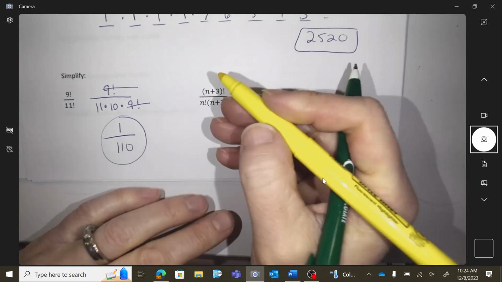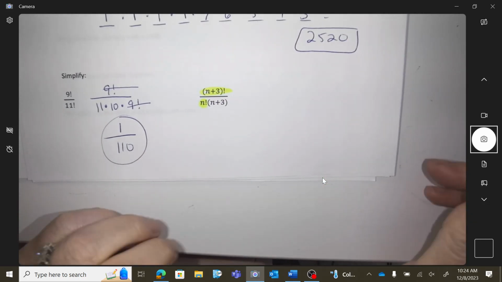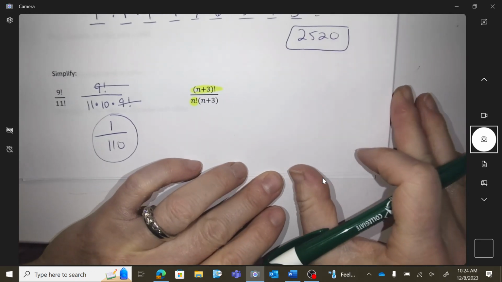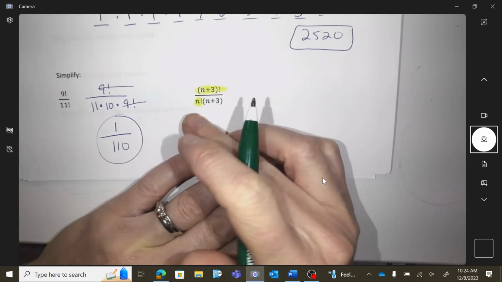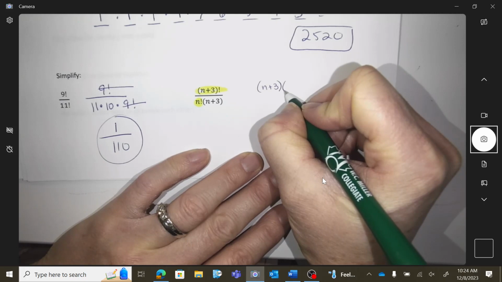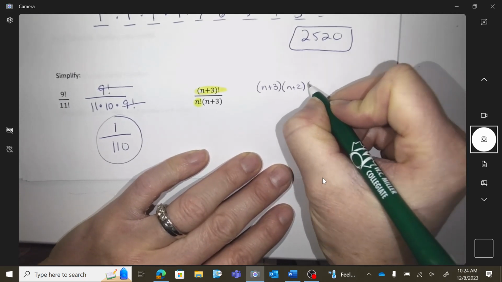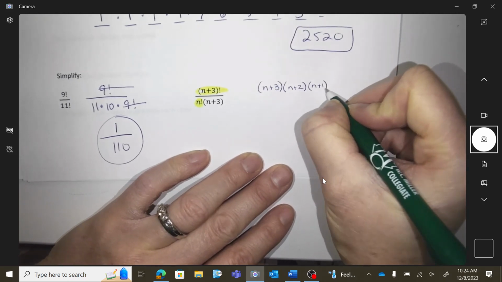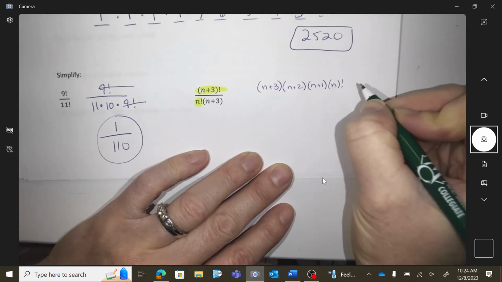Okay, so here, which of those two factorials is bigger? N plus 3 is larger than n, right? So n plus 3, go down. N plus 2, go down. N plus 1, go down. N, and beyond.